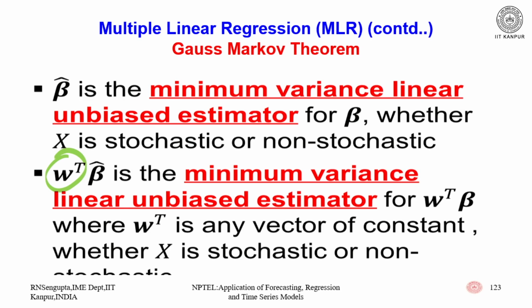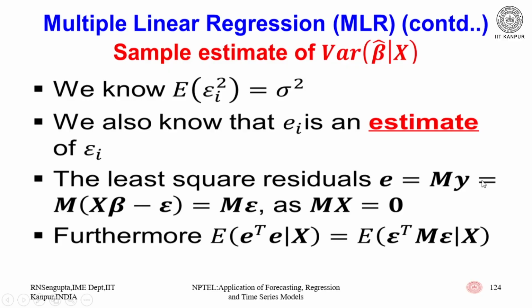So, for the weighted case also same estimate, and for the simple case of beta, again the same estimate. This is the beta hat which we have found out already by minimizing the sum of the squares of the errors and differentiating that sum of the squares partially with respect to beta at each step. And then we get k equations, k unknowns, solve them and get the beta hat. We know that the variance of the error terms is sigma square, that is the sigma square we had in the last slide, multiplied by the inverse of X transpose X in the bracket.